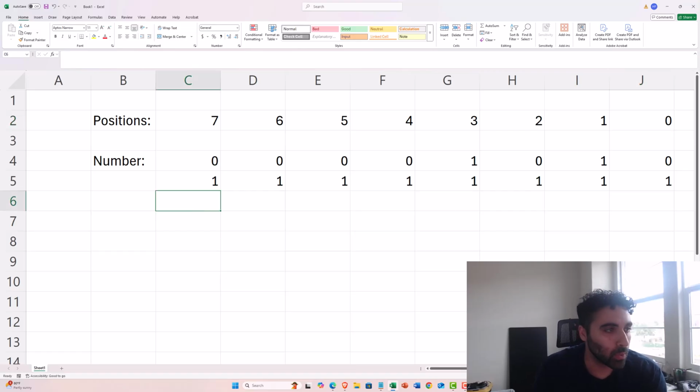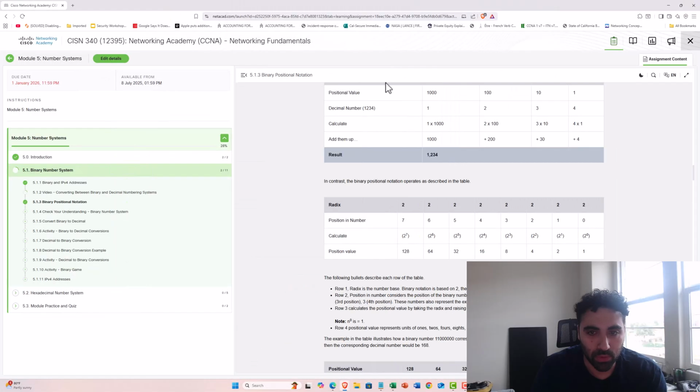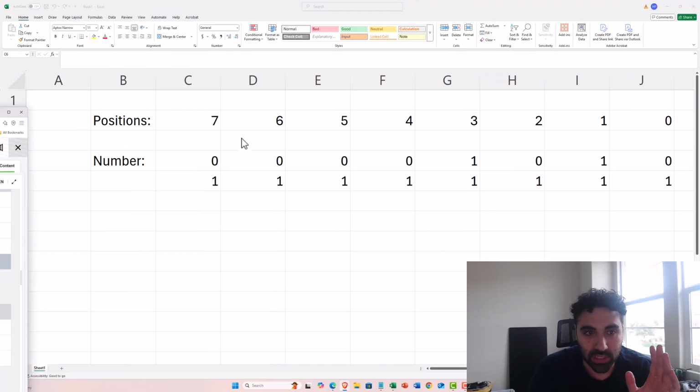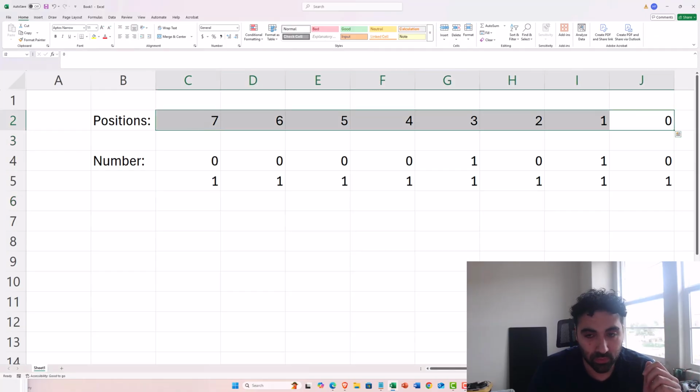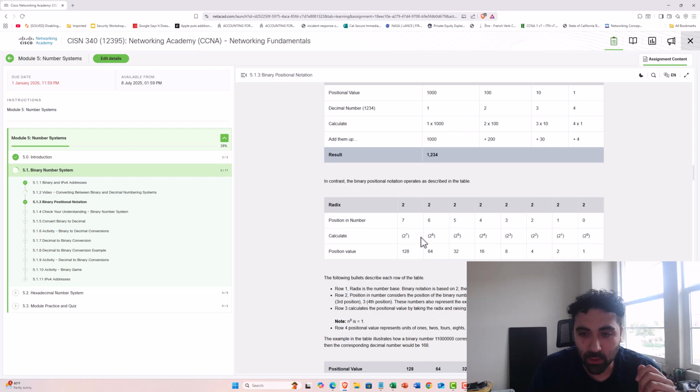When we're talking about our positions, 0 through 7, you take base 2. We always use 2 because remember, in binary there are only 2 different numbers that it can be. It can either be a 0 or a 1. So we use base 2.